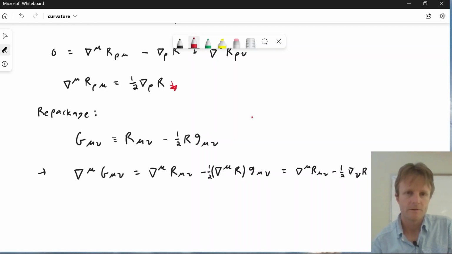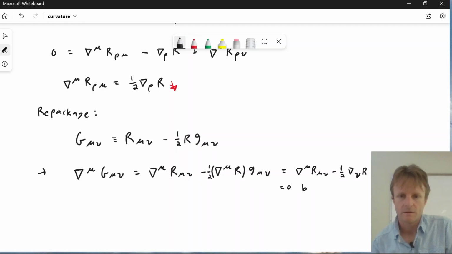So this is star, then this by the star equation.